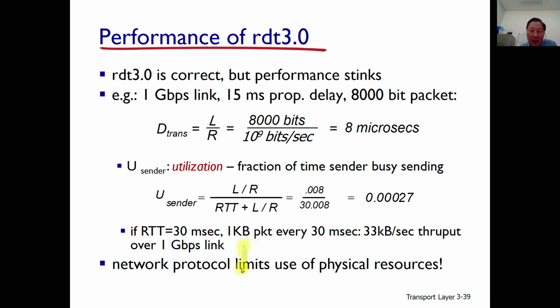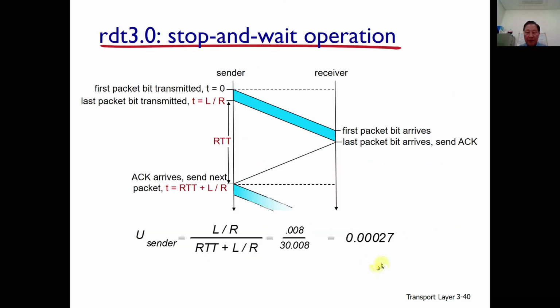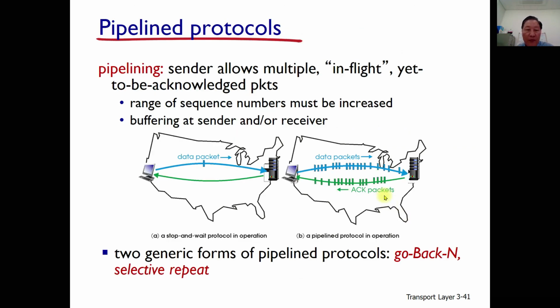Why? Because of this bad, not efficient protocol scheme. Network protocol limits use of physical resource, as we observed here. Thus we are using this pipelined protocol instead of the previous stop and wait protocol. Pipelining means sender is sending many packets together.